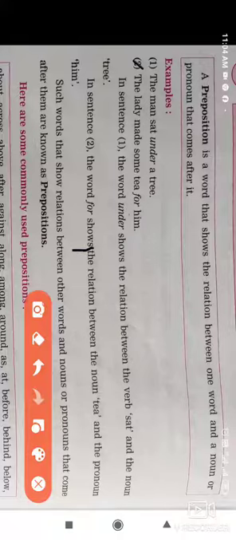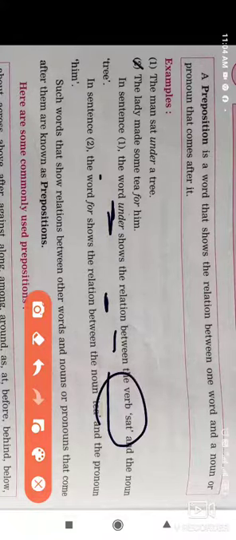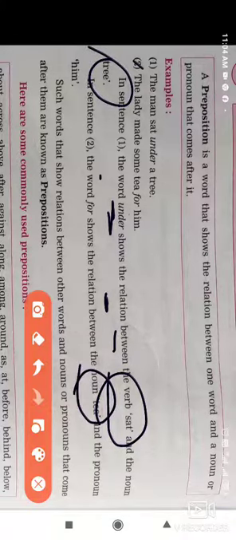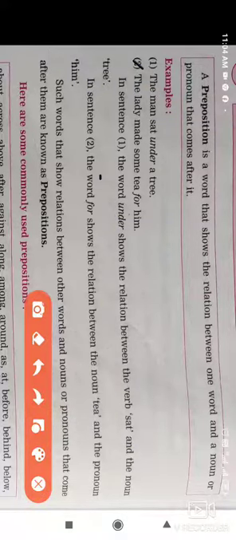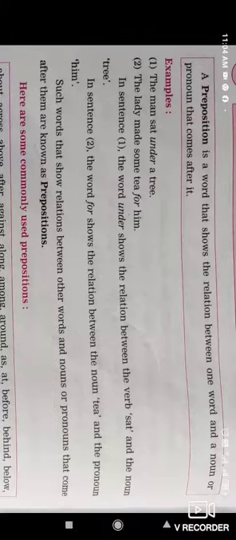Here sat is a verb. In the first sentence, the word under shows the relation between the verb sat and the noun tree. In the second sentence, it shows the relation between the noun tea and the pronoun him. So these are the cases of preposition.